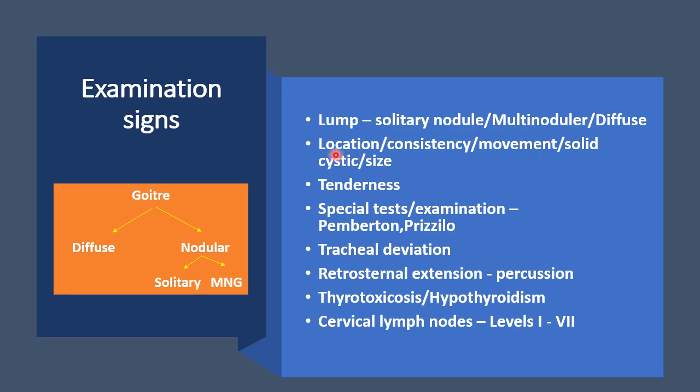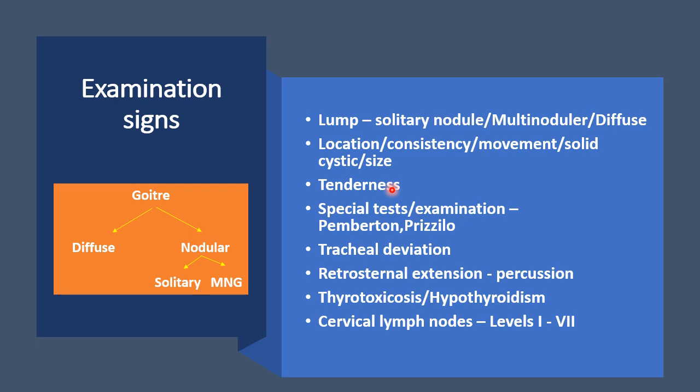Location of the lump is very important: right side, left side, bilateral, central in the isthmus. Consistency: soft, firm to hard. Whether it moves with swallowing and protrusion of the tongue, or is the lump itself mobile on digital palpation, whether it is solid or cystic, and note the size of the lump and whether it has been growing from the history.